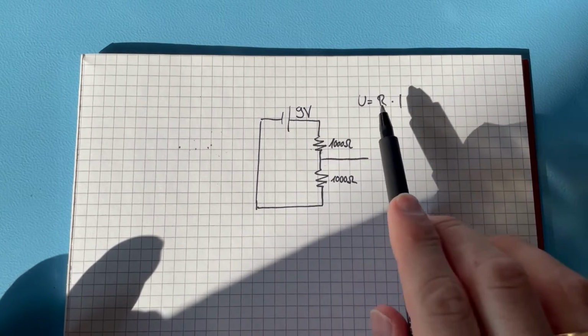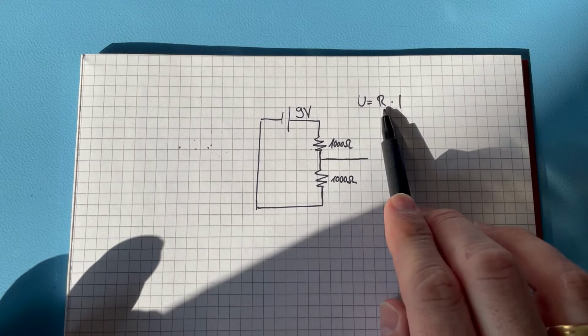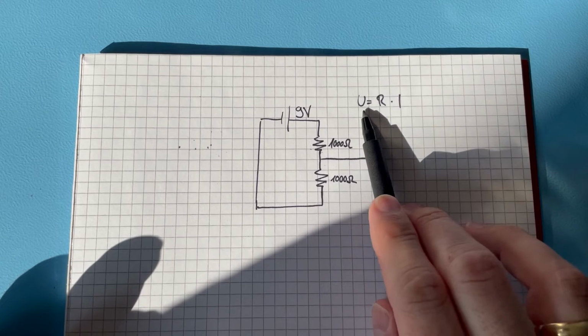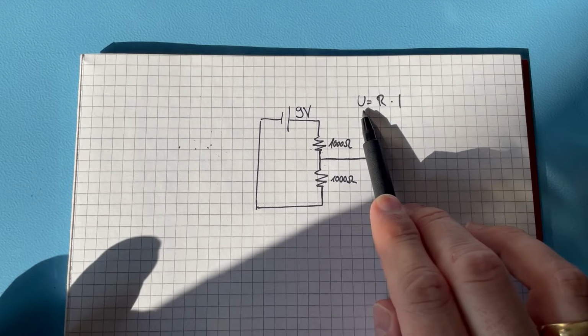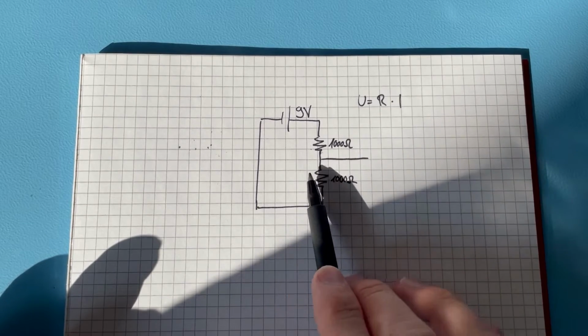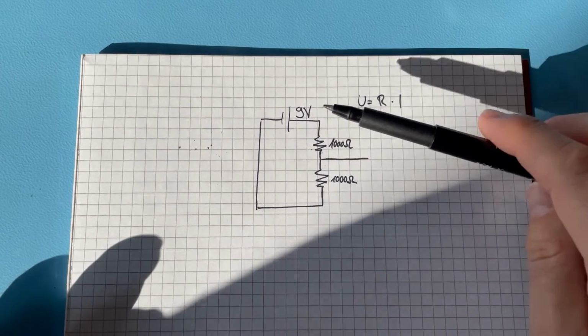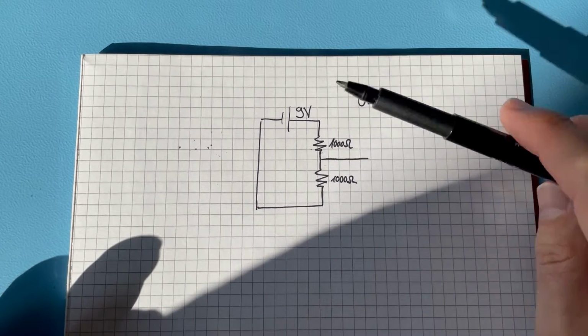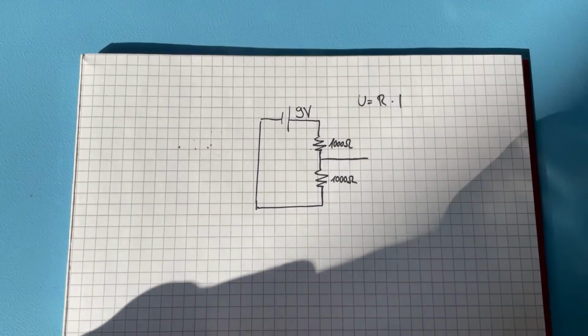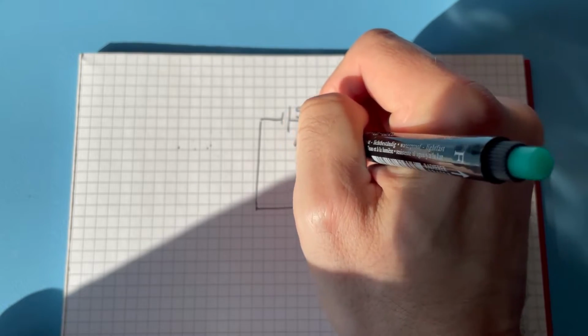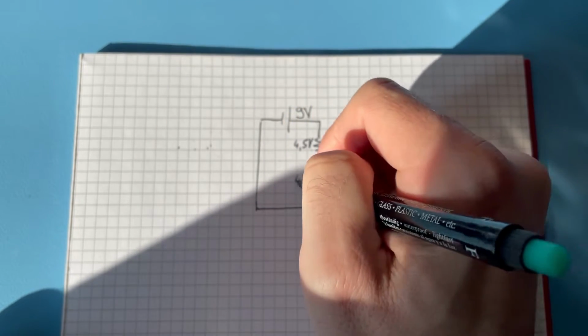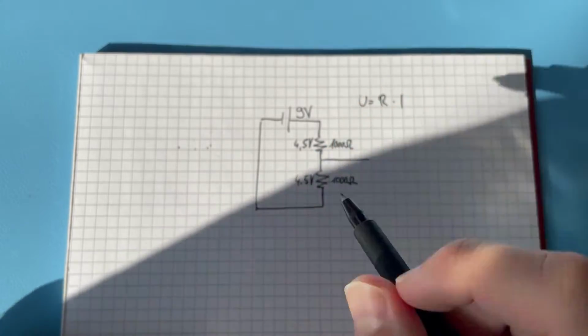They have the same resistance, so current and resistance are the same through them, and so they have the same voltage across them. And if these two have the same voltage across them, then it can only be that it is 4.5 volt, half of what is here, because then we have 4.5 volt here, 4.5 volt here, and 4.5 volt here.